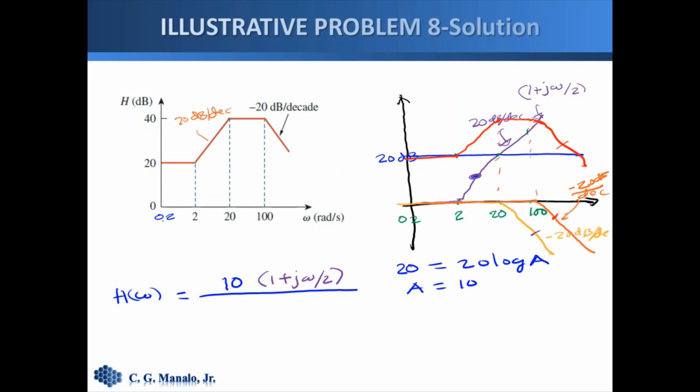For this one, that would be 1 plus j omega over 20. And for this one, this would be 1 plus j omega over 100. So that is the transfer function.